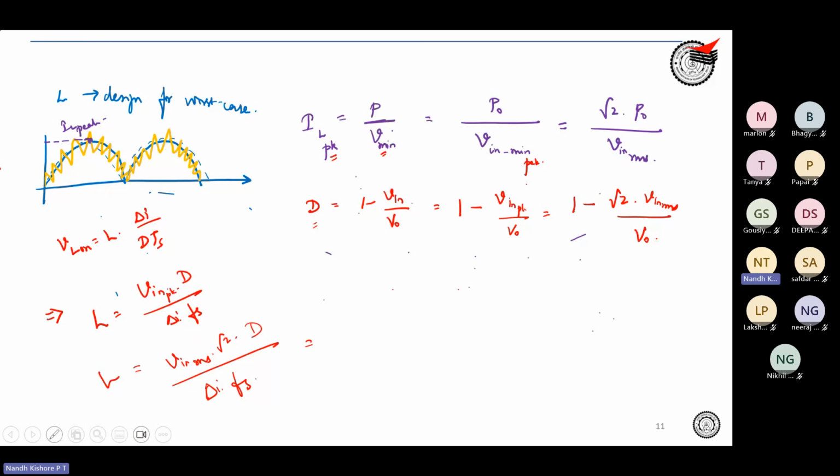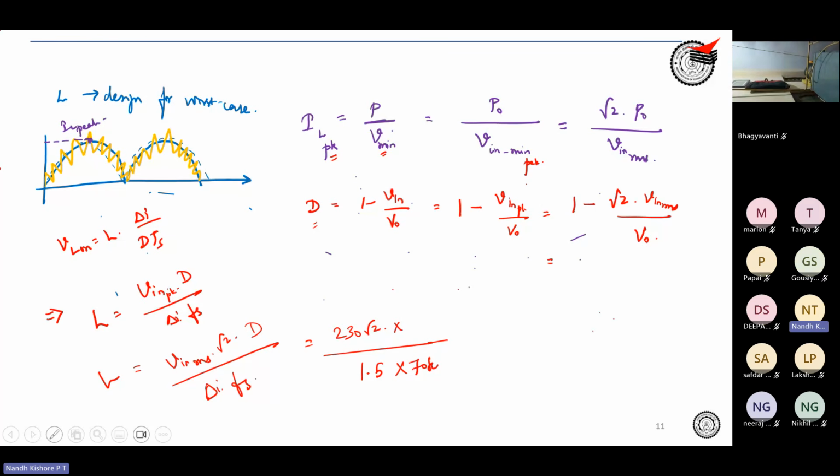V in RMS is 230 volts. So 230 root 2 into D we would calculate, 1.5 is your delta I and Fs is 70 kilohertz. So what is your value for duty?